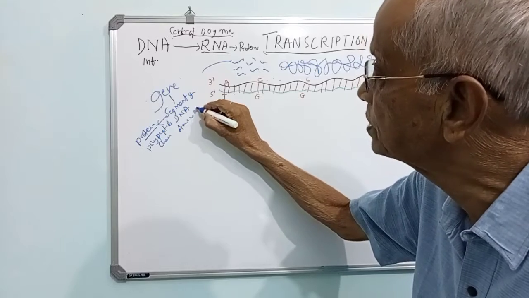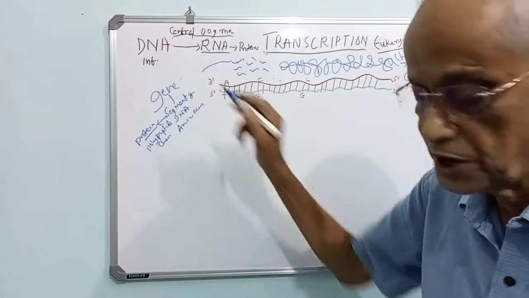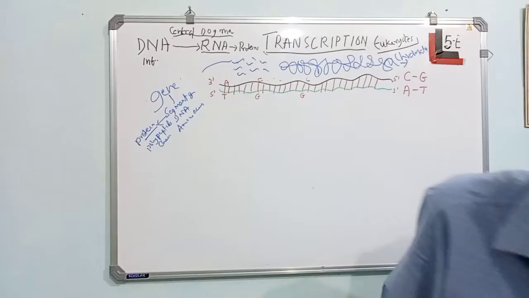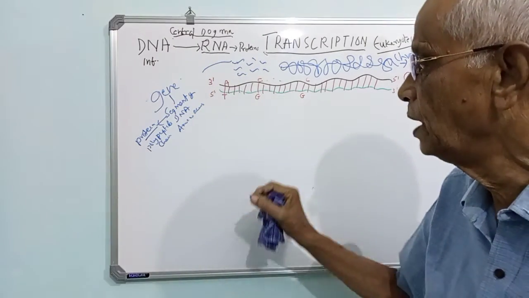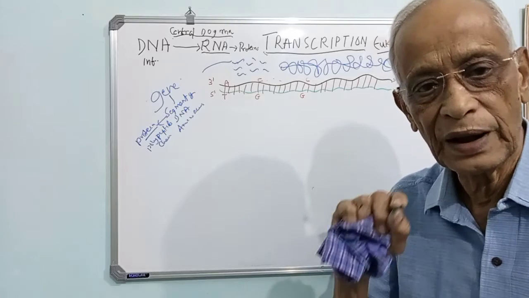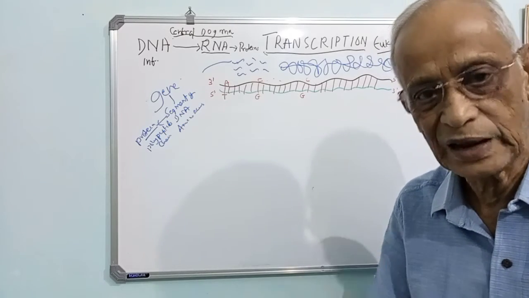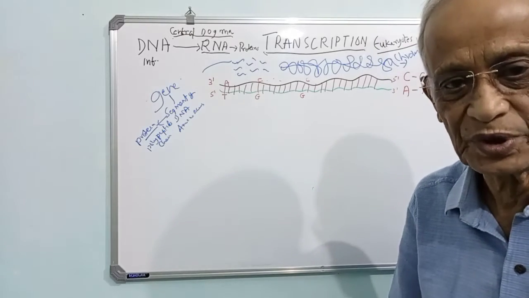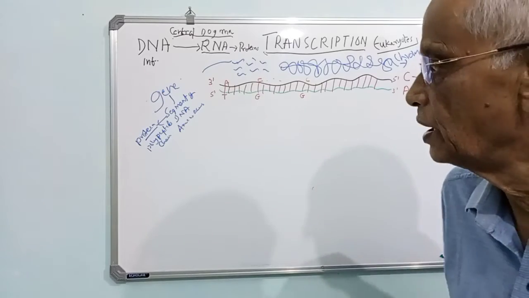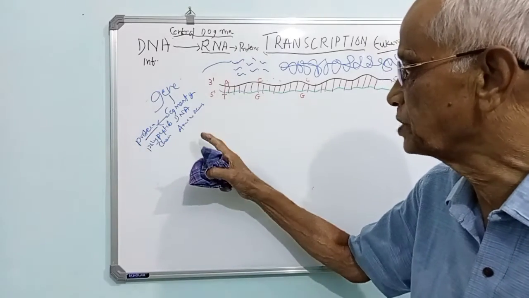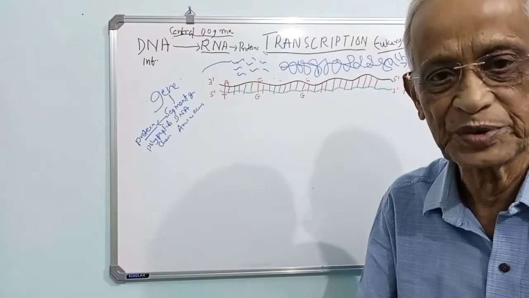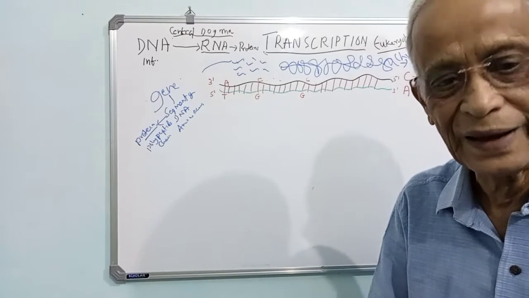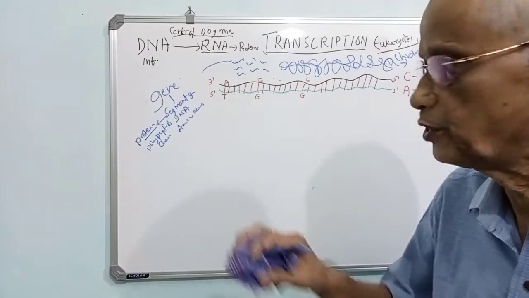So the gene present on the DNA molecule has the capacity to send information to ribosomes to biosynthesize the polypeptide by using the correct type of amino acids. You know, there are 20 amino acids and these will be connected to form different types of proteins.